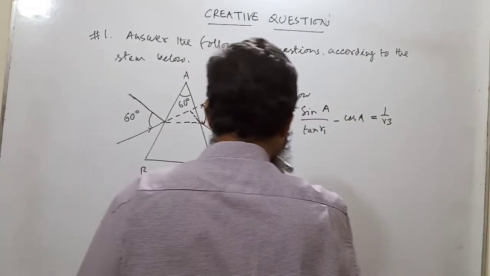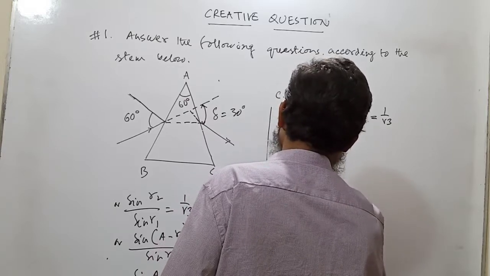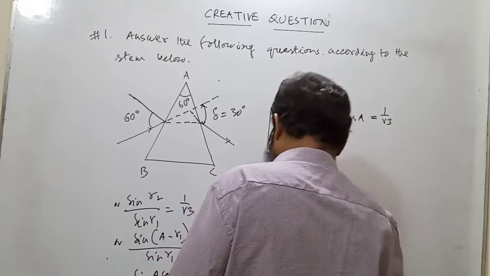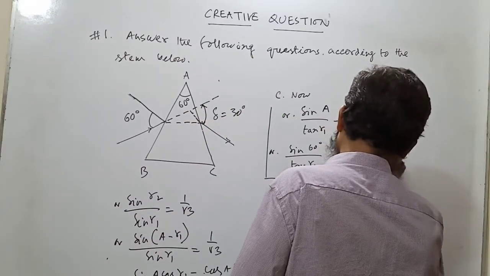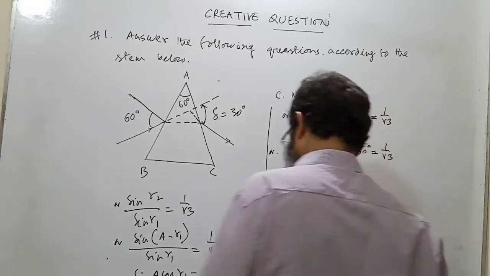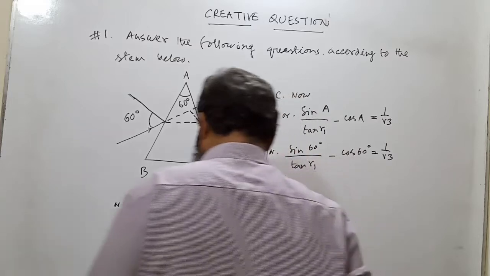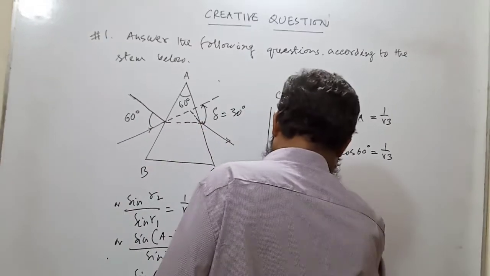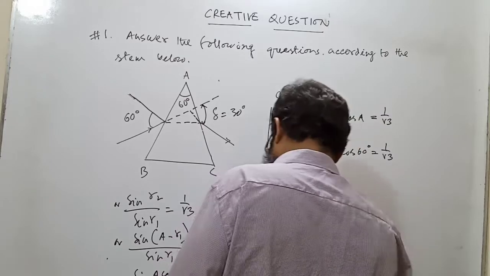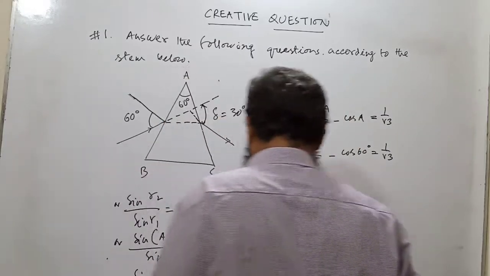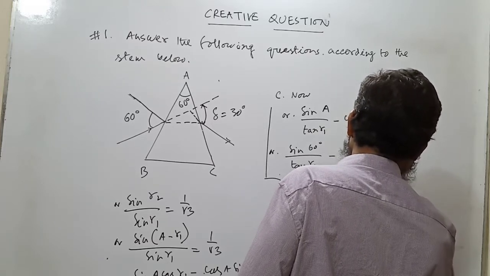Put the value of A: sin 60 by tan R1 minus cos 60 is equal to 1 upon root 3. Sin 60 is equal to root 3 by 2, that is root 3 by 2 tan R1, minus cos 60, which is half, so minus half is equal to 1 upon root 3.